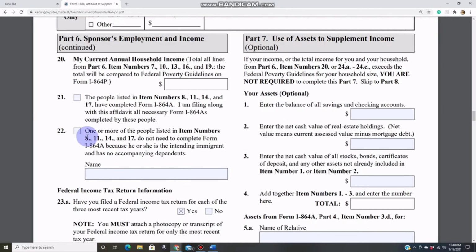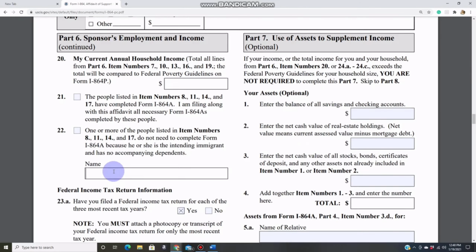Number 22. One or more of the people listed in item numbers 8, 11, 14, and 17 do not need to complete Form I-864A because he or she is the intending immigrant and has no accompanying dependents. Since we did not write down any people in item number 8, 11, 14, and 17, I'm not going to take this box and I will write down NA in this space provided.